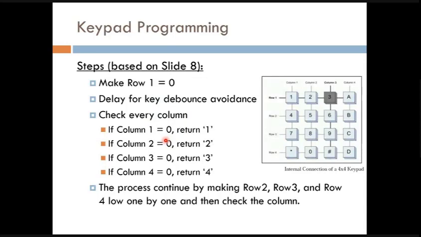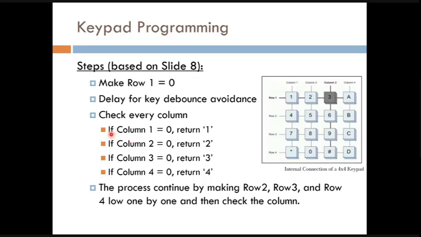So basically, just like I mentioned, for this part we're going to see how the program functions. Firstly, you need to set all the rows equal to 1, and then you go to row 1, you set it to 0, and from here you observe and detect any key press connected to that particular row: column 1, column 2, column 3, column 4. And then in the code, you need to use an if statement.